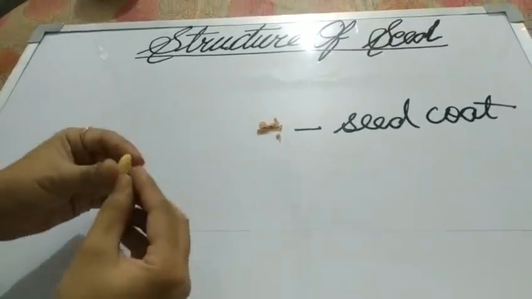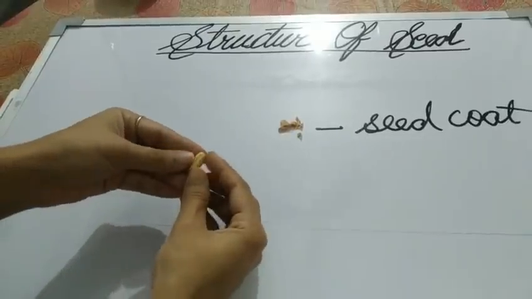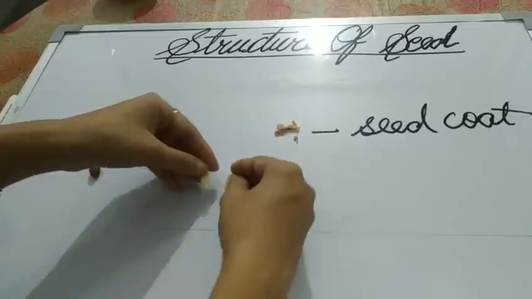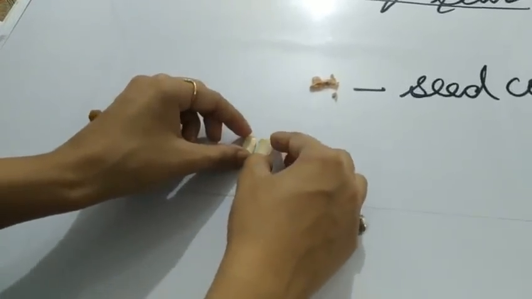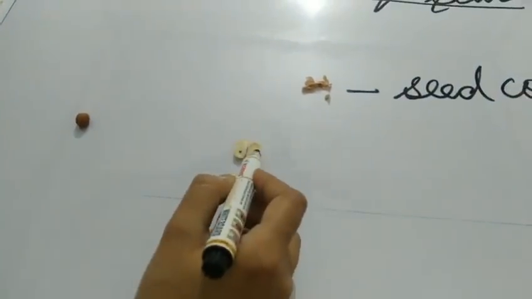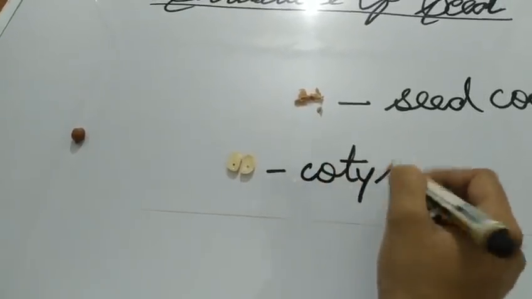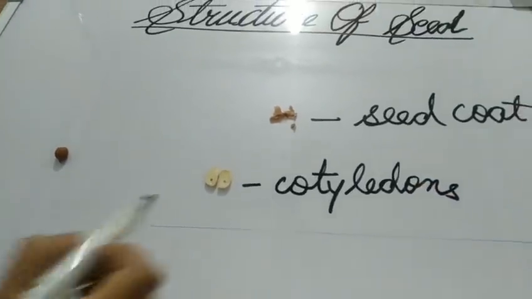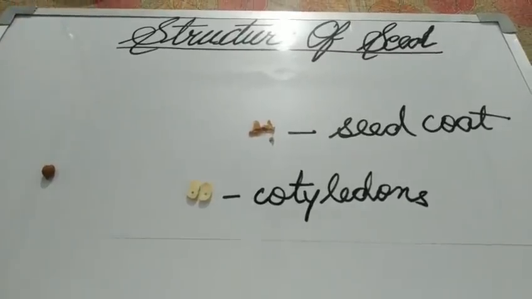Now see, here you try to separate the seed. Once you separate it, the seed will open up like this. The inner two structures that you see are your cotyledons. What is the function of these cotyledons? The function of these two portions, the cotyledons, is to provide food for the baby plant.